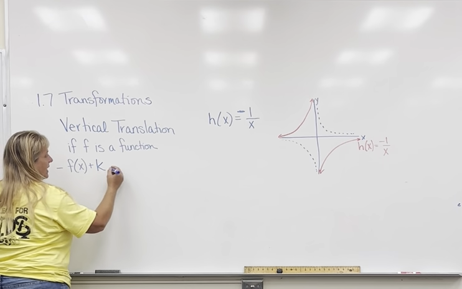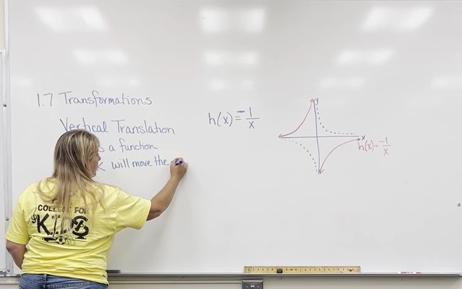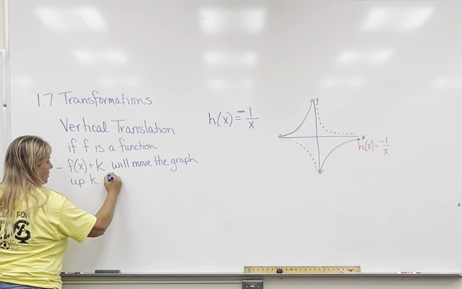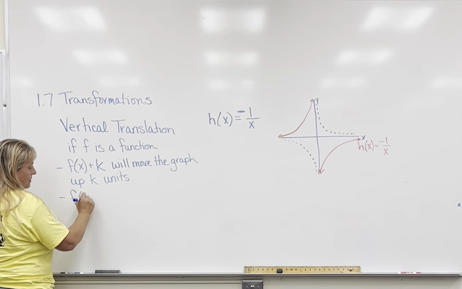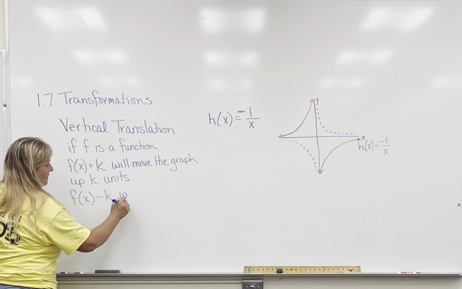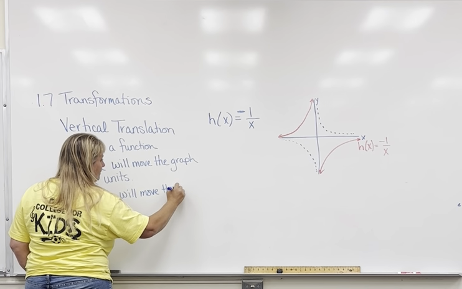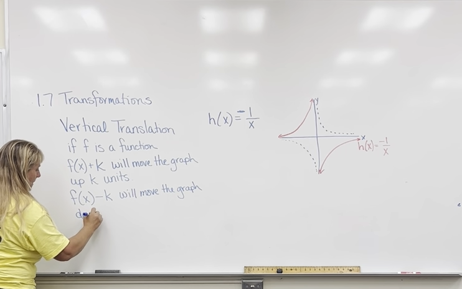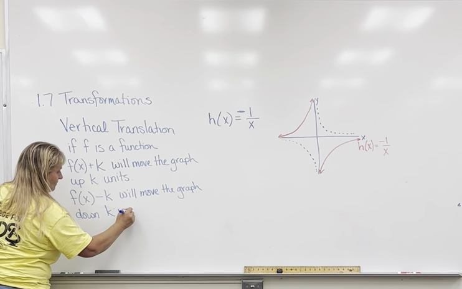So f of x plus k will move the graph up k units. Let's say f of x minus k will move the graph down k units.